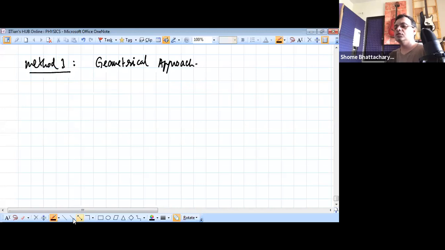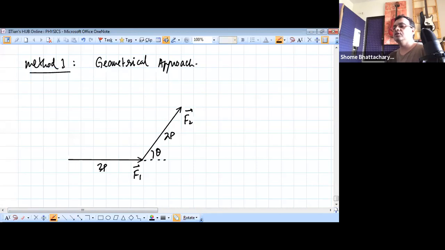So suppose f1 is a vector like this, and f2 is some vector like this. This is of magnitude 3p, this is of magnitude 2p, and the angle between them is some theta.